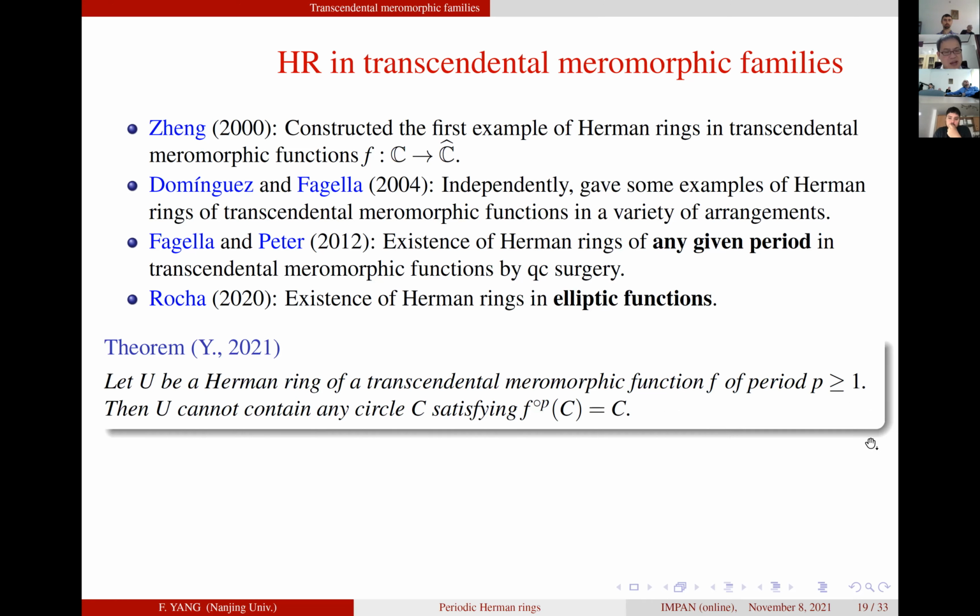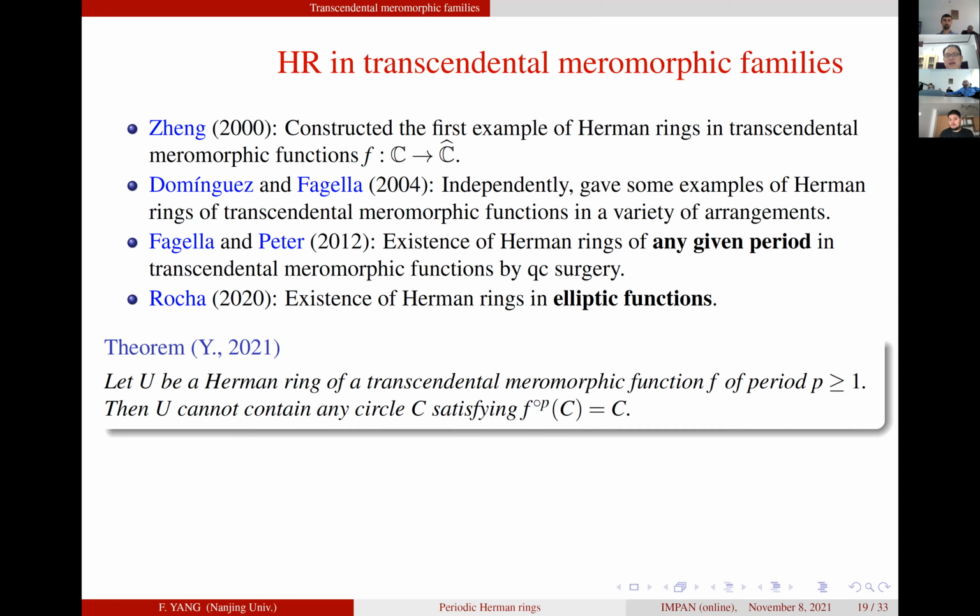That means any Herman ring of a transcendental meromorphic function cannot contain any periodic circle. The proof is the same as in the rational case. If the Herman ring is fixed, then you can use a symmetric analytic extension.